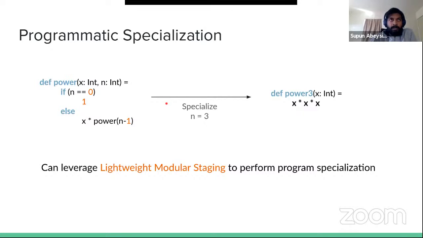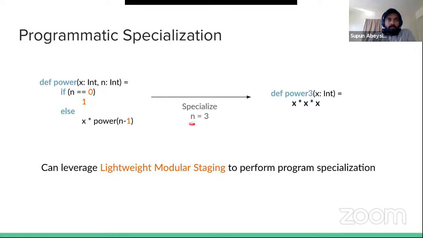So what do we mean by specialization is, let's take this power function as an example. Here it basically computes x to the power n. And when we say we specialize this program to n equal 3, let's assume that we know the value of n at the current stage, and we do not know the value of x, right?